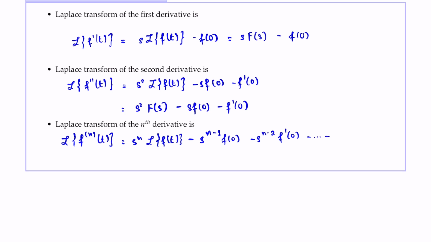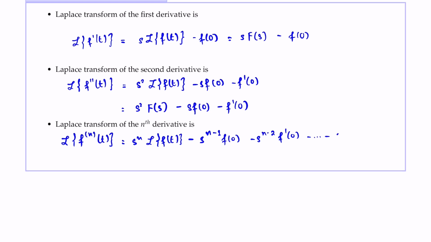You keep doing this: f of 0 is multiplied by s to the power n minus 1, for whatever n is. It depends on the order of the derivative. Then you go down to s to the power n minus 2 times f prime of 0, and so on.